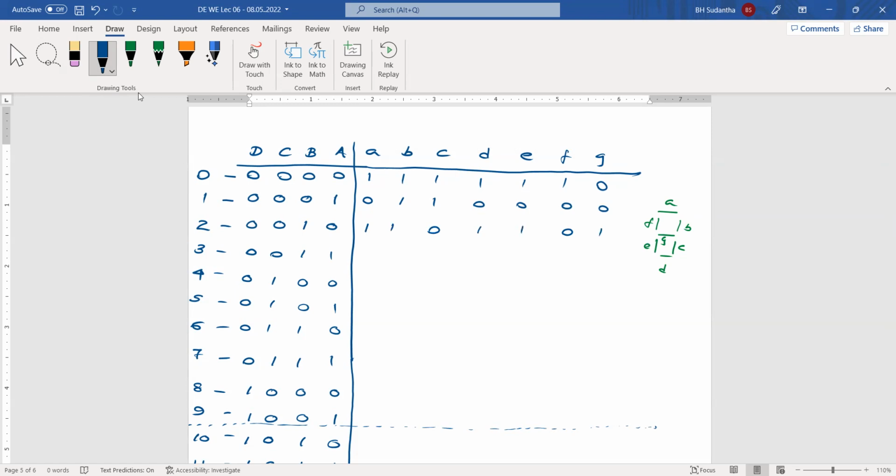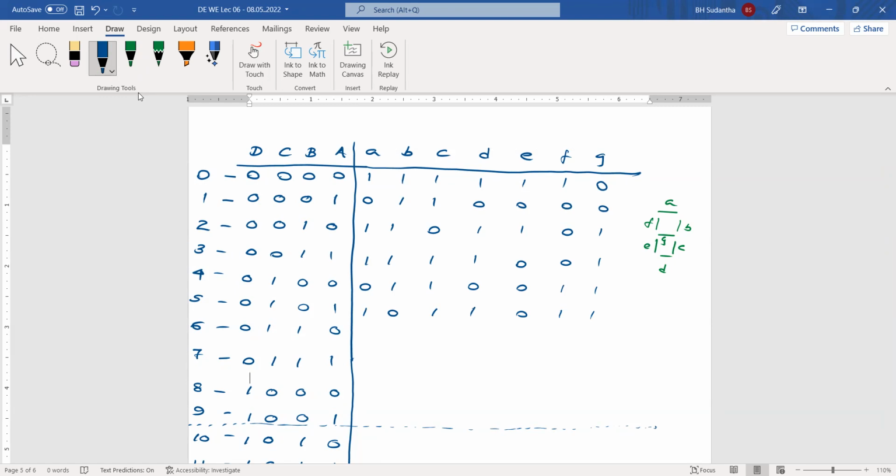Okay, for 3, E and F should be 0. For 4, A, D, E should be 0. For 5, B and E should be 0. Others are 1.